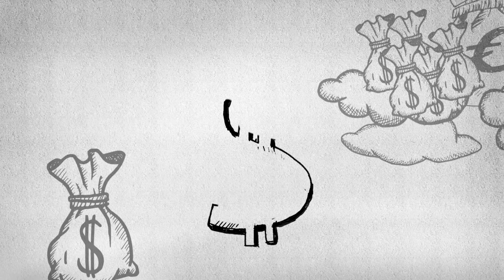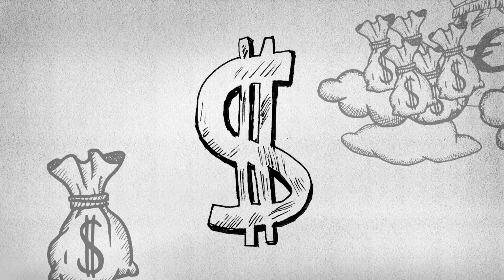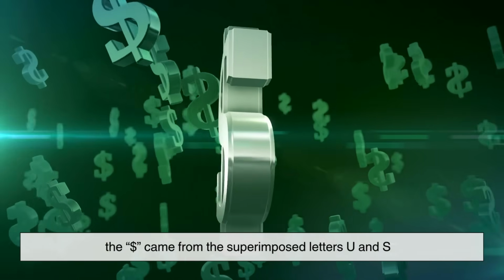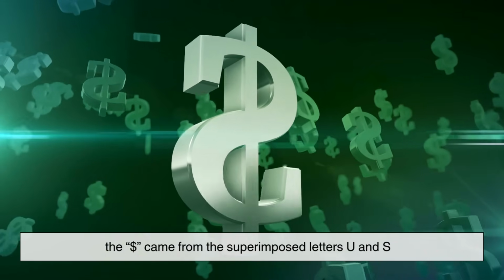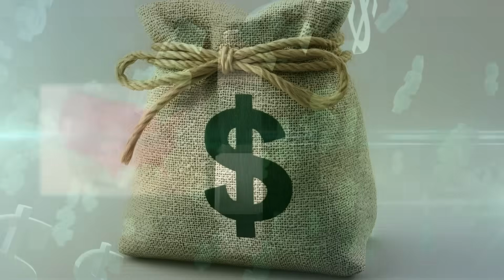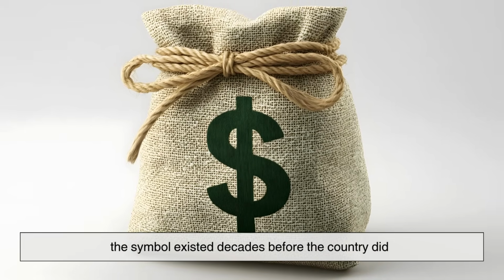The most recognized currency symbol on Earth, the dollar sign, is also the most argued over. Popular explanations claim the dollar came from the superimposed letters U and S, forming an emblem for the United States. But historians point out that the symbol existed decades before the country did.